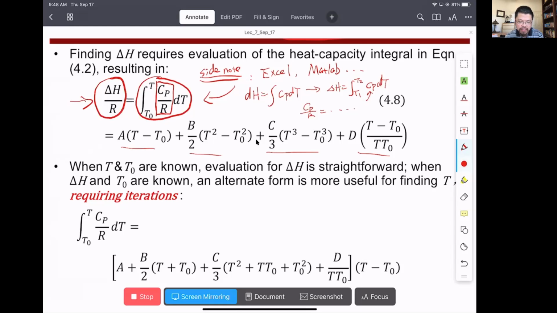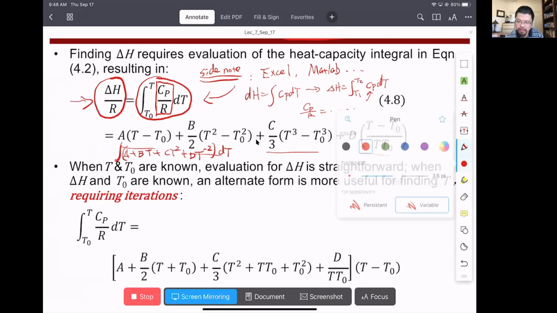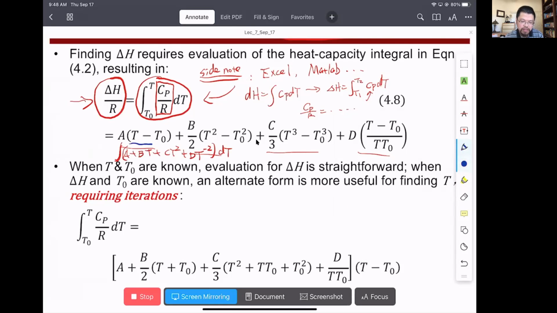So then it's simply we plug in A plus BT plus CT squared plus DT to the minus 2 power, and when you run the integration over dT, this is why we quickly have those terms, coming out in T. T naught is the initial temperature, then T is the final temperature we are interested in.